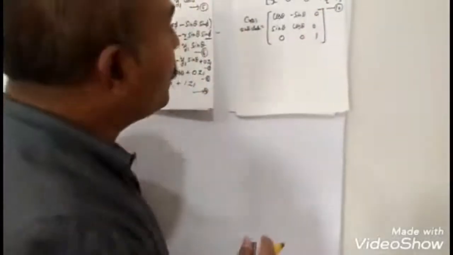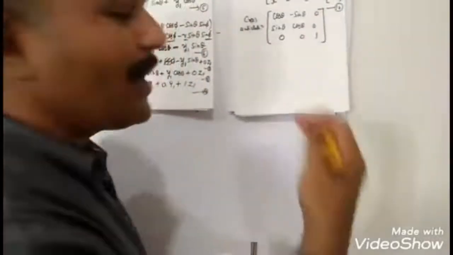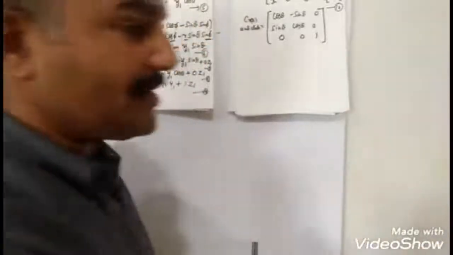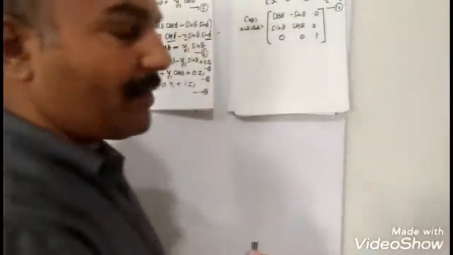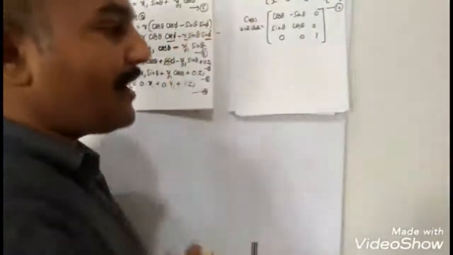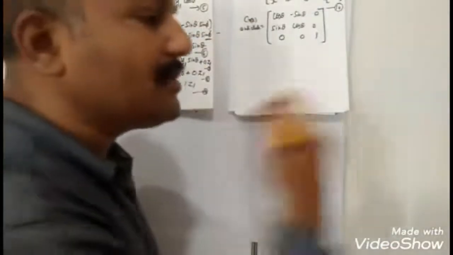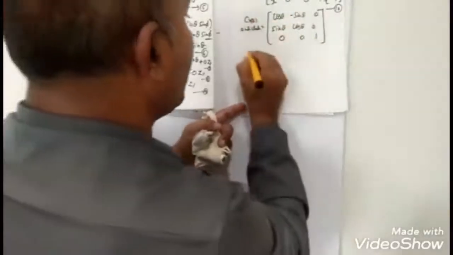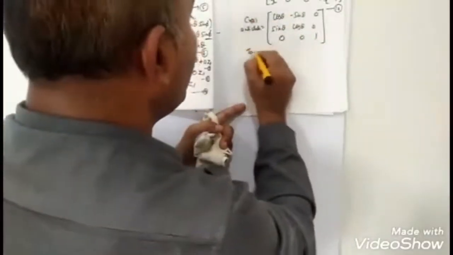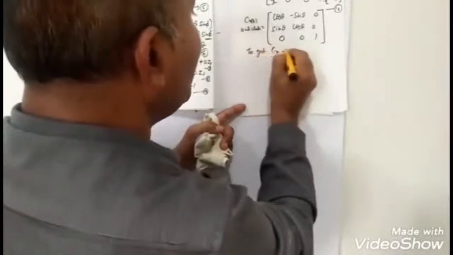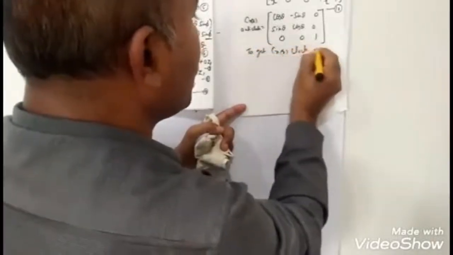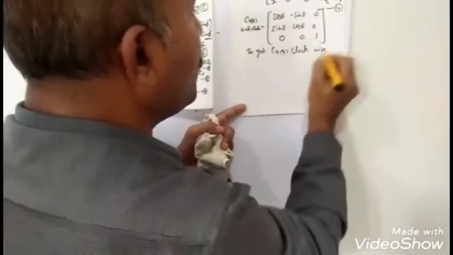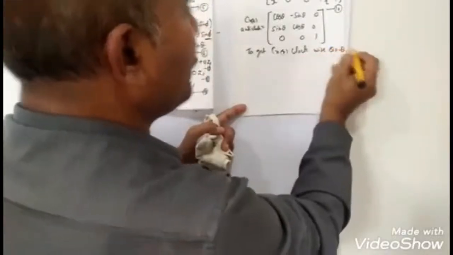Now you go for changing the anti-clockwise to clockwise rotation. That can be done by changing theta into minus theta. Since the rotation is done in an anti-clockwise direction, in order to change it to clockwise, change the theta value to minus theta, to get C and Z clockwise. Put theta equal to minus theta.